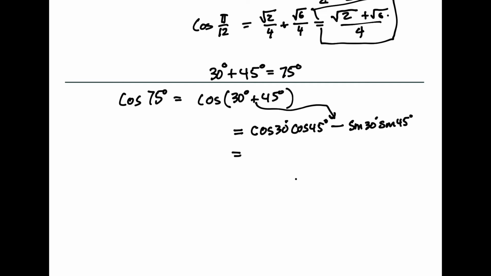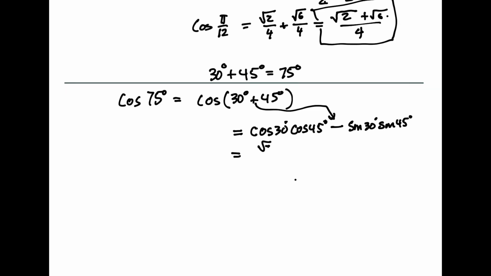The cosine, the x of 30, this is square root of 3 over 2. And cosine of 45 is root 2 over 2. And the sine of 30 degrees, the y value, is 1/2. And the sine of 45, again, root 2 over 2.